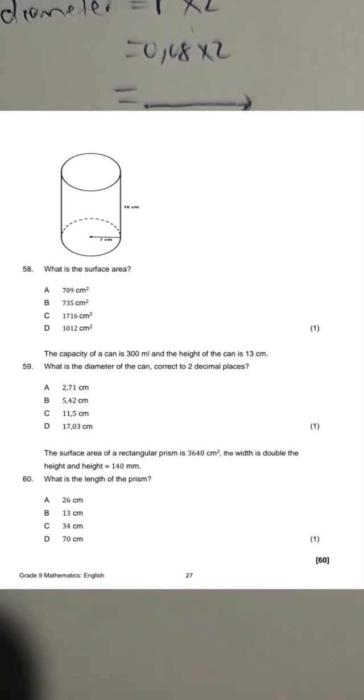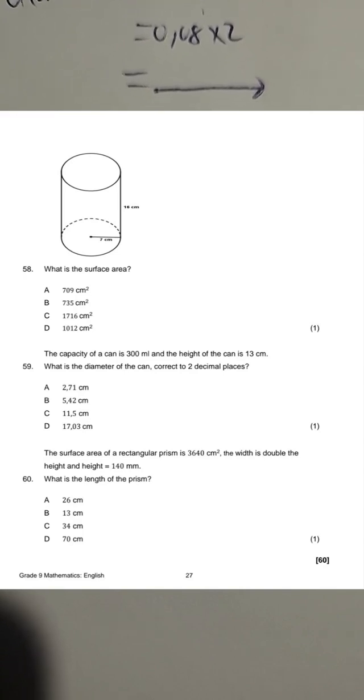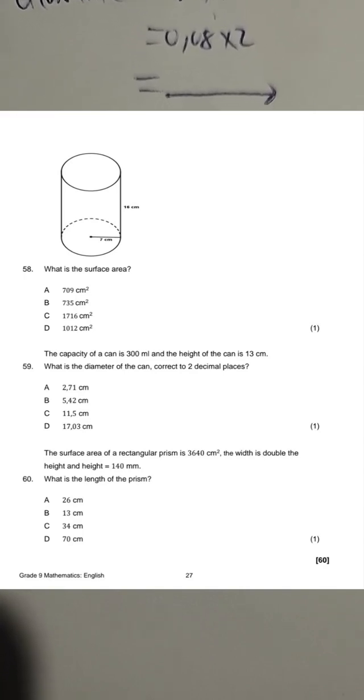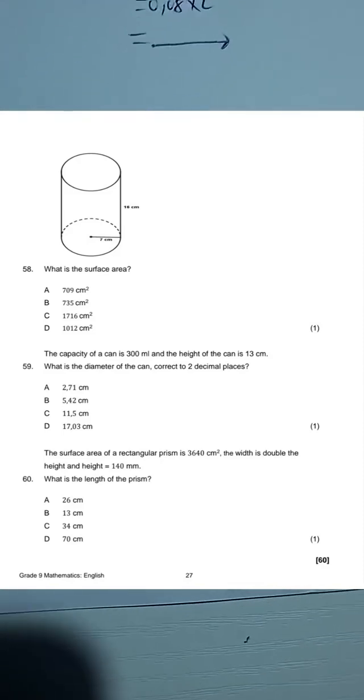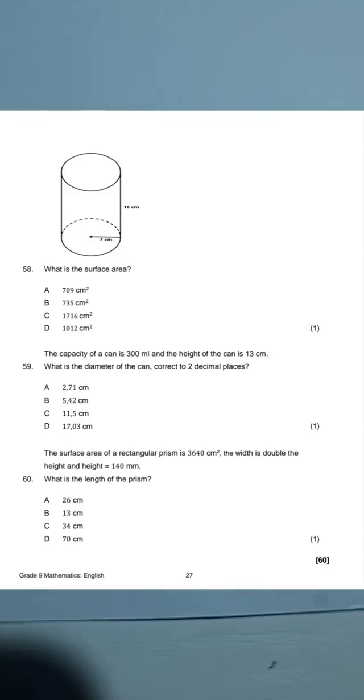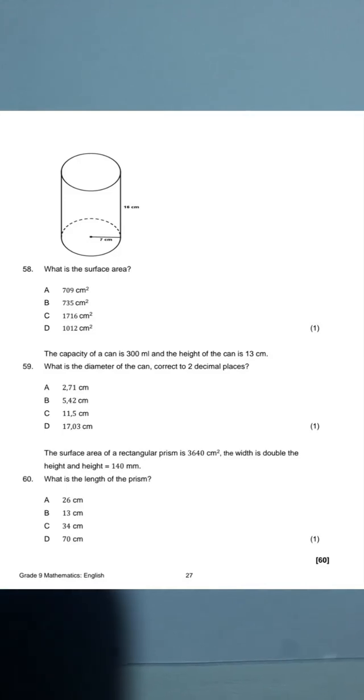Okay, so guys, we are going to pick it up from question 59. We answered question 58 yesterday very well, but we got stuck yesterday in question 59. And this is what happens when there's something that you may have forgotten how to do.